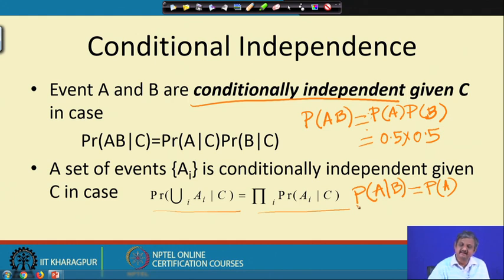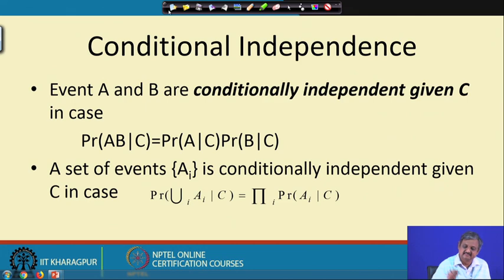But if there is a third variable which helps, then I call it conditionally independent. Let me take this example and tell you.